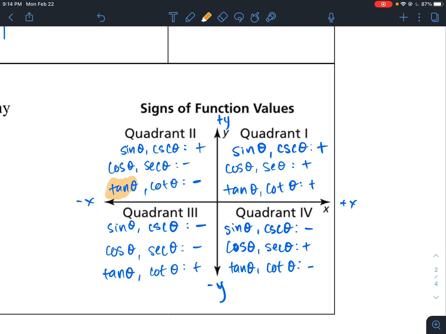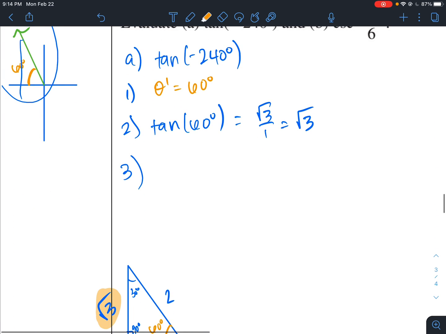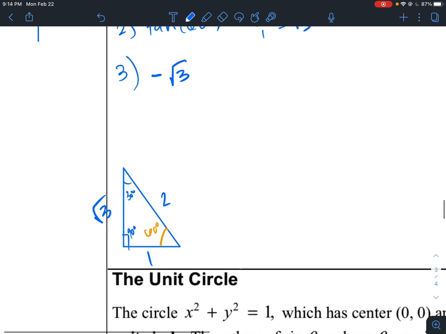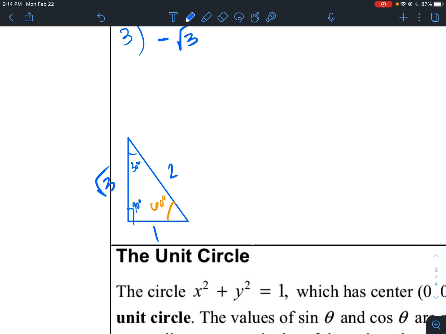So tangent of theta, our sign should be negative. So that means the final value should be negative square root of 3. Now, if it helps you guys, just know that we are in the second quadrant, which means that this is actually negative, right? Because in our quadrant, this is negative x. So if that helps you, you can do it that way instead.